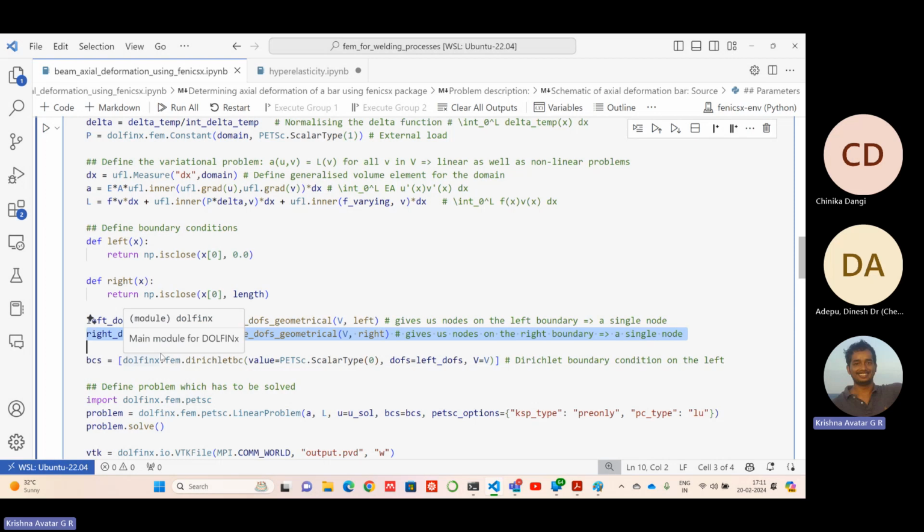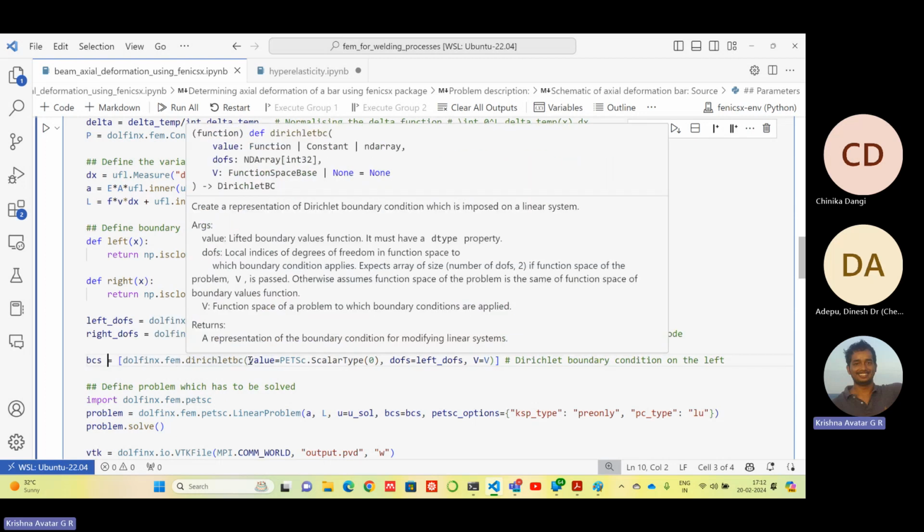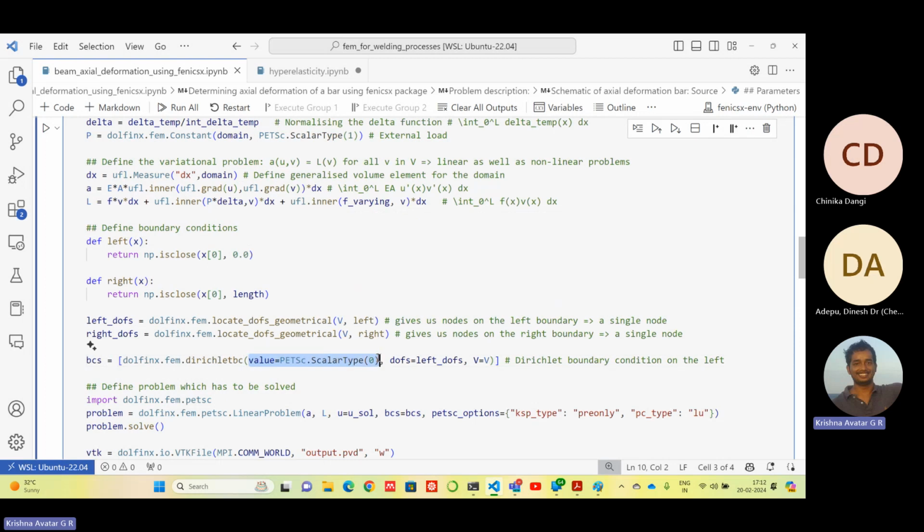So once we have the dofs, what we need to do is collect all the boundary conditions into a single array. So bc is equal to dolfinx.fem.dirichletbc, and we prescribe what value we want to give.